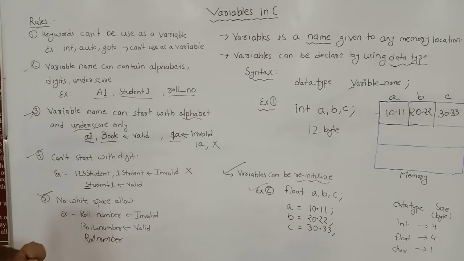If you want to make it valid, then you have to remove the space between both, so rollnumber is a valid variable name. You can also make it valid by placing an underscore between both, so it is also valid because there is an underscore between roll and number.